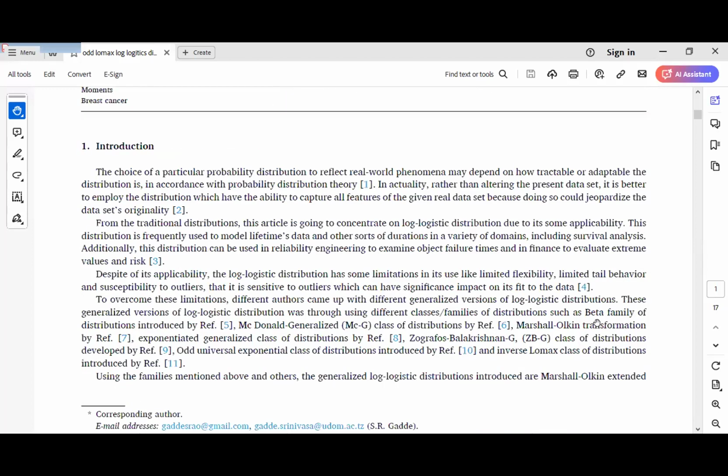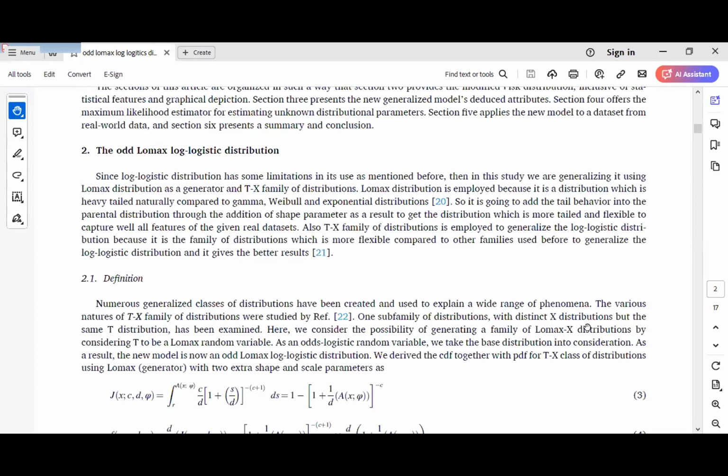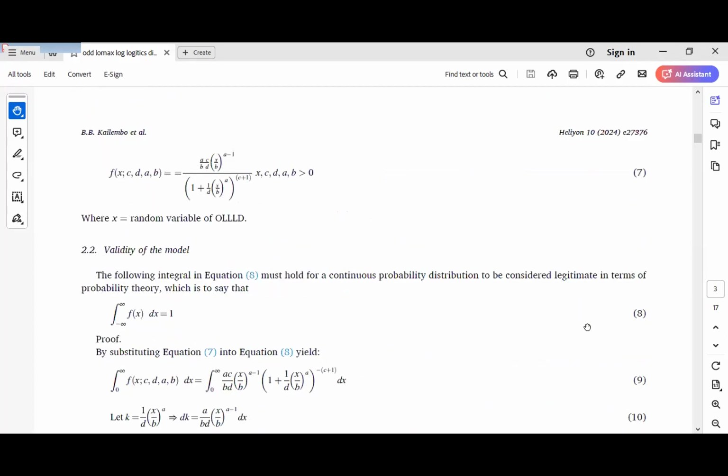We can find the density function in equation 7. In equation 7, there is one function, which we call the density function, with 4 parameters, A, B, C, and D. We call that density function the odd Lomax logistic distribution.